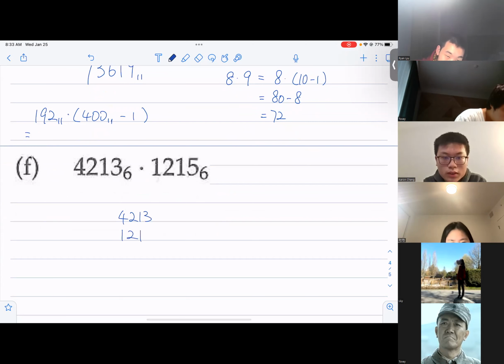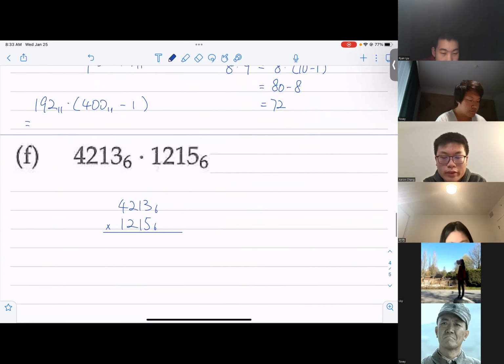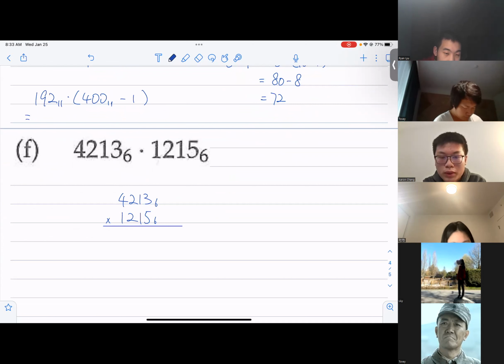I have a question. So every time we have a number multiplying by a number in a base other than 10, we multiply it first as if it were in the decimal system and then convert. Yeah, that's the easiest way, I believe.